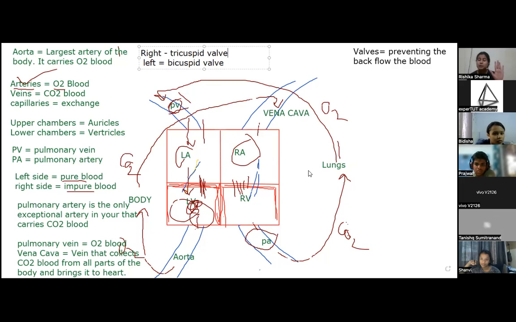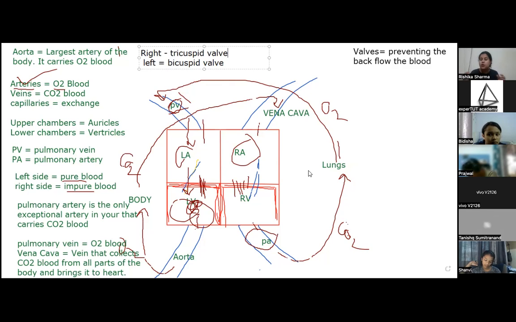Left side of the heart has pure blood, right? Right side of the heart has impure blood. So to make doubly sure that the blood does not go back, the right side of the heart has tricuspid valve. Because if deoxygenated blood flows back, the chances of death are certain. If oxygenated blood flows back once, there may be damage, but the person will not die. But if carbon dioxide containing blood flows back even once, surely it leads to death.